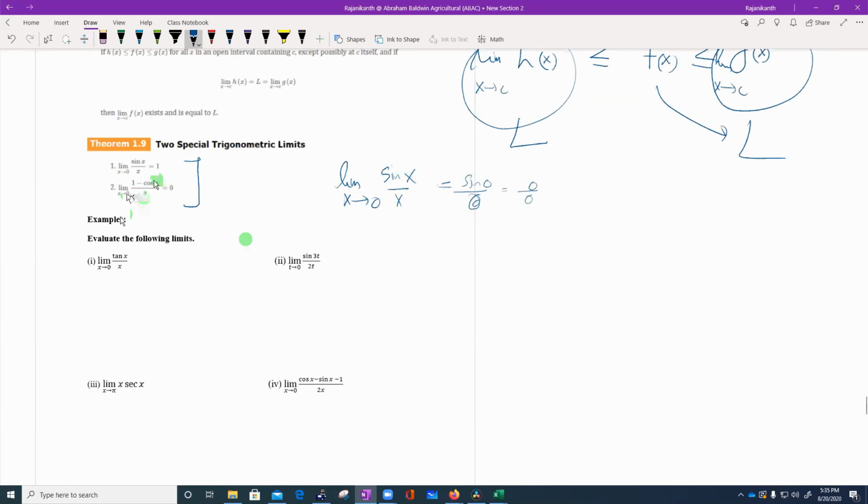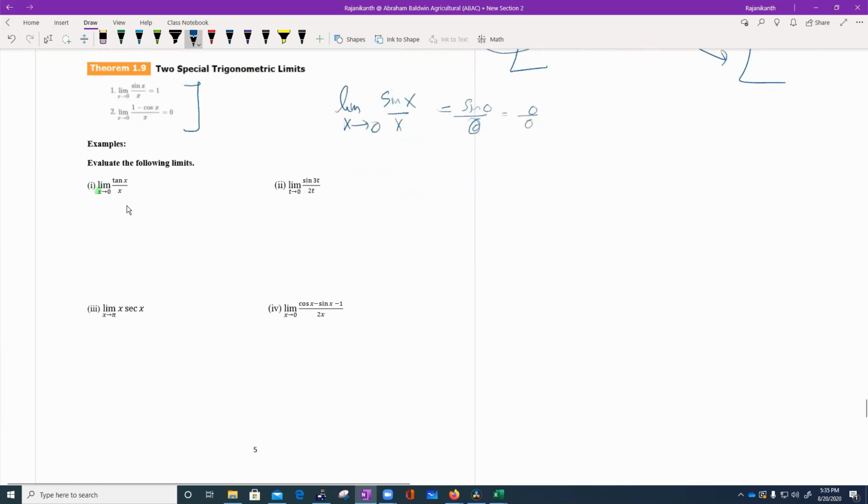The second result is that the limit of 1 minus cosine x over x when x goes to 0 is always 0. So you can directly use these two results to do other problems. Look at the first one. Could you find the limit of tan x over x as x goes to 0? Remember, tan means sine over cosine, so I can write tan x as sine x over cosine x.